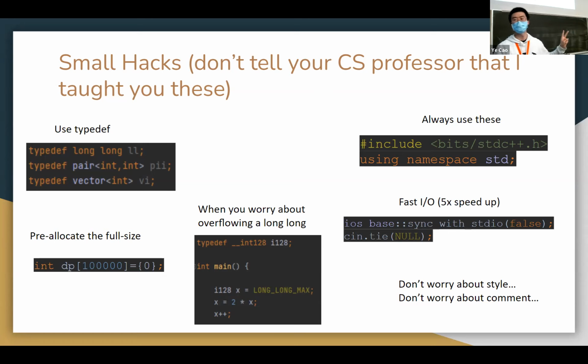It takes 2 seconds to type out, and you include everything you're ever going to need. So use this. And using namespace std allows you to type cout instead of std::cout, which saves you some typing, saves you some time, which increases your speed, something that we think is desirable.